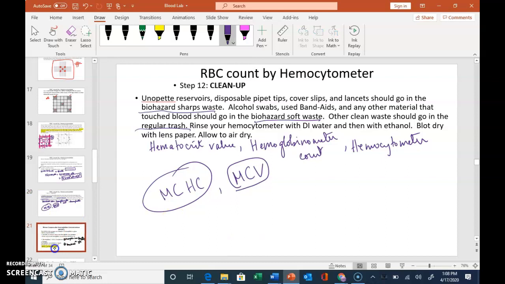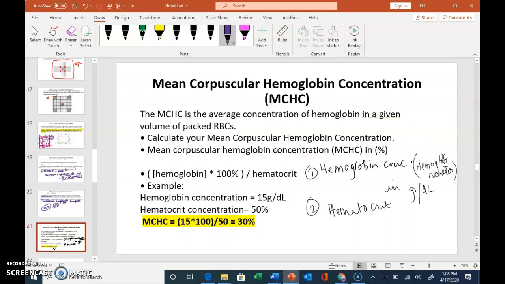Now let's take a look. The first one is MCHC, also known as mean corpuscular hemoglobin concentration. This is defined as the average concentration of hemoglobin in a given volume of packed RBC. So if you look at this volume of packed RBC here, with MCHC you can determine the concentration of hemoglobin in this volume.